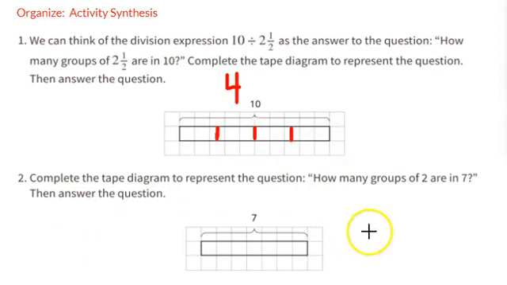Okay. What about here? How many groups of 2 are in 7? So again, this is going to be 7 divided by 2, right? So we need to make groups of 2. Well, we have 3 complete groups, right?